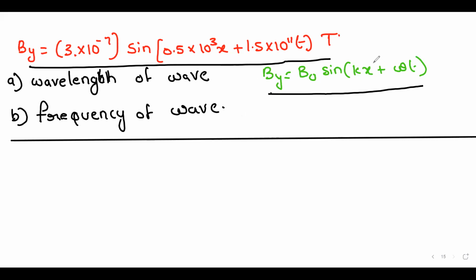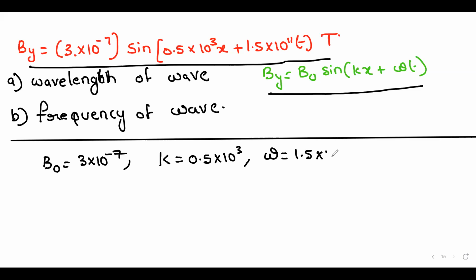Okay, the green color equation is our standard equation. When we compare these two, we get B naught as how much? 3 into 10 power minus 7. What is k? 0.5 into 10 power 3. Omega is 1.5 into 10 power 11.